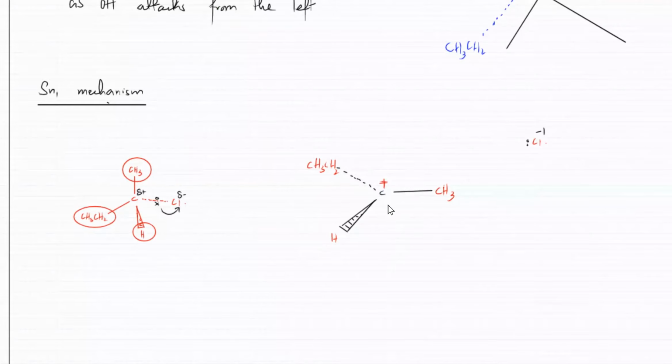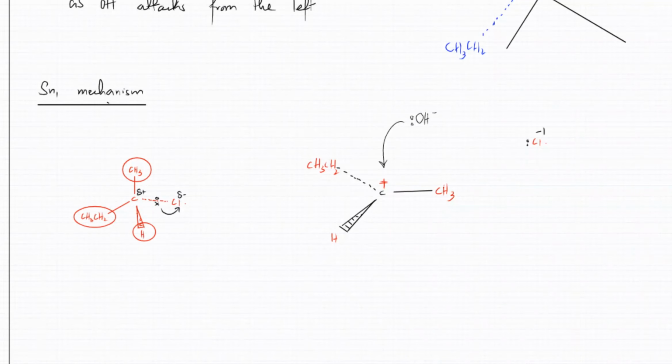Now, in the second step, once a carbocation has been formed, the OH-1 would come in. Now, think of a fan. This is like a fan, and the middle carbon is positively charged. Now, the OH-1 has 2 options. It can either come in from the top and bring its electrons and bond from the top. That's one option.